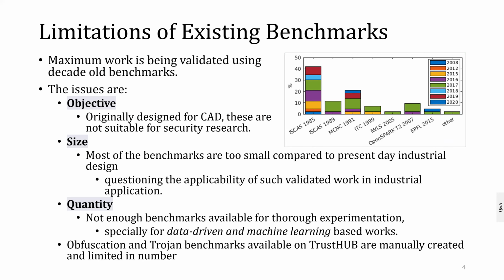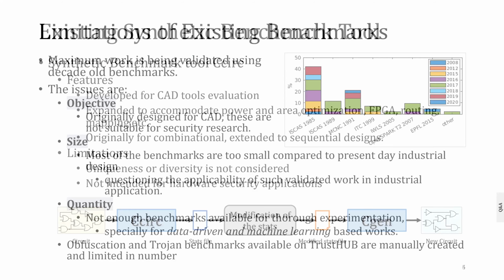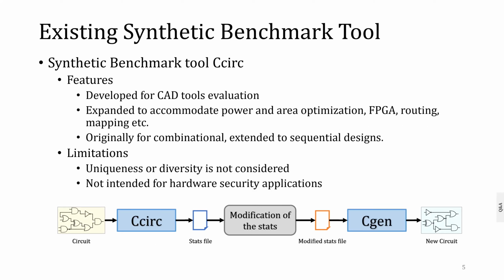The only solution for this is having a synthetic benchmark tool, which can generate as many benchmarks as you want, as large as you want, and they will be new. So the IP would be the asset in here. So a synthetic benchmark can support all these three issues that we are having right now in the present benchmark suites. Let's look into the existing synthetic benchmark tools.